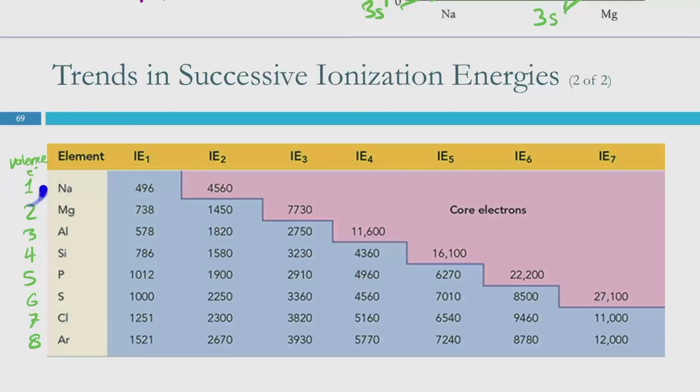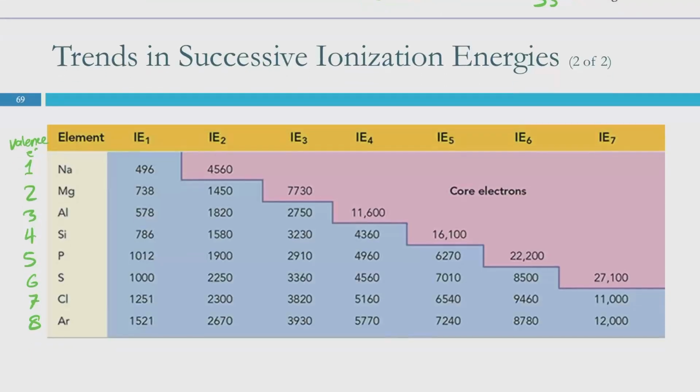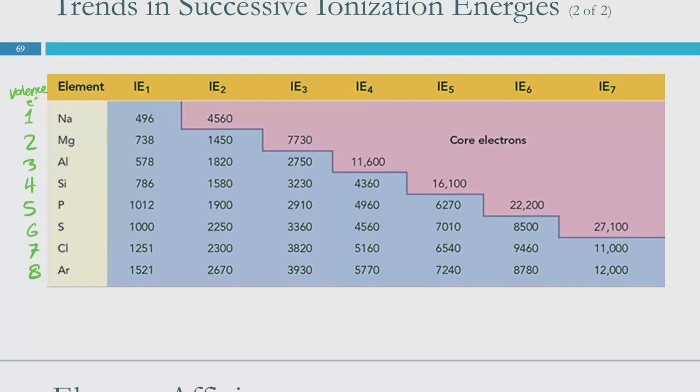So one valence electron means for sodium we can remove one relatively easily. The second one is our core electron, so we see a giant spike. Magnesium we can remove 2 with pretty decent increases. We see a giant spike for our third because that's our first core electron. And the same trend all the way down. Our first core electron does not want to come off. So we're going to see a massive spike in ionization energy for all of those.